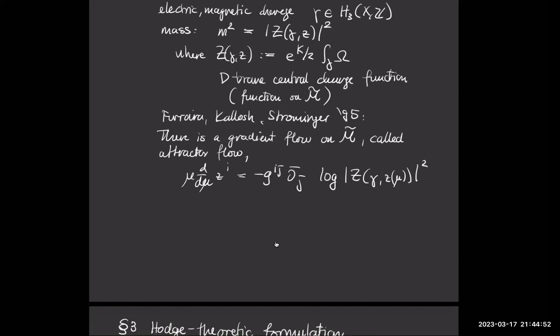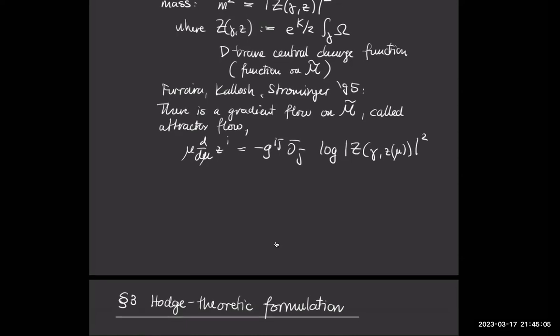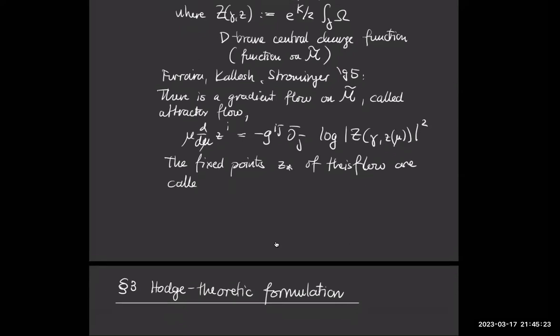So that's the gradient flow that characterizes these black holes. And what it essentially says is, first of all, it's claimed that it has a fixed point. And these fixed points, which I often denote by C star of this flow, are called attractor points.